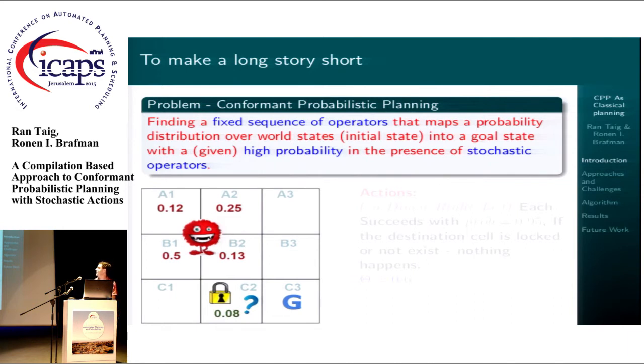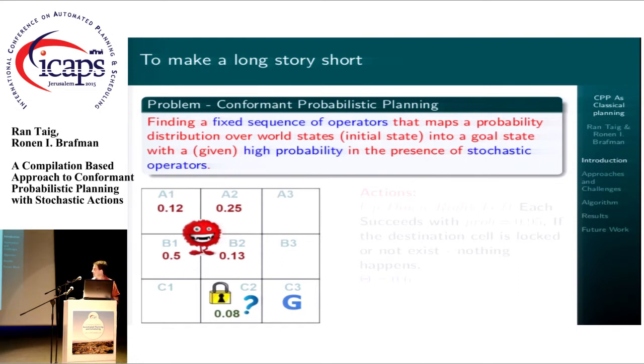We want to find a sequence of operators, and we want to map the initial state to the goal. But the initial state is given to us as a probability distribution over world states, and stochastic actions are in place. Another important part here is that we need to achieve the goal with some high probability that is given to us as a parameter.